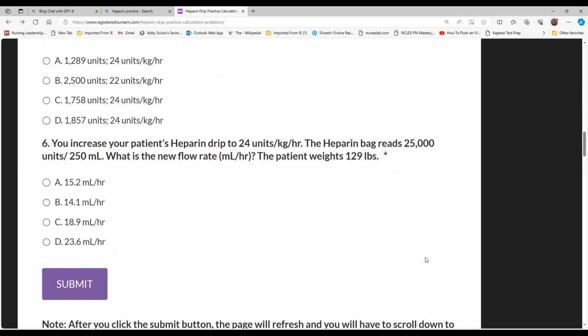Okay, let's look at number 6. Number 6 is the same type of question we just did. I want you guys to calculate it. It's asking you for mLs per hour here.